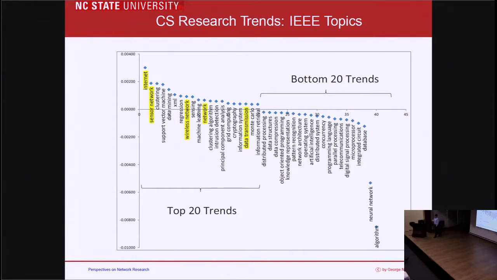Five of the 20 uptrends over the last 20 years are in the broad area of networking. Okay? If you're not doing research in networking, you've missed this wave. All right? And it's actually going to get better, not worse. Okay? Networking touches all our lives.